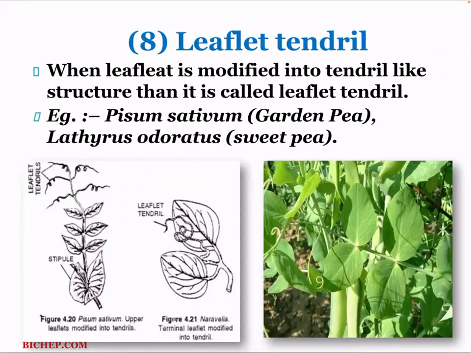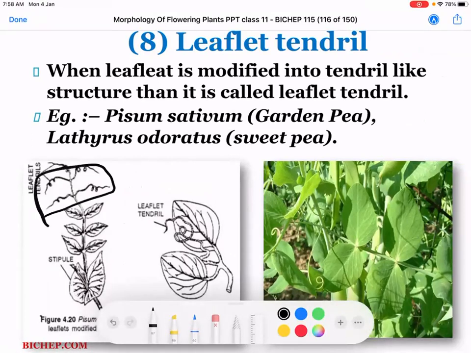Now leaflet tendril. If a tendril is formed by leaflets, it is called leaflet tendril. For example, garden pea and sweet pea. If you see, the tendrils are formed by, look, this is a compound leaf.